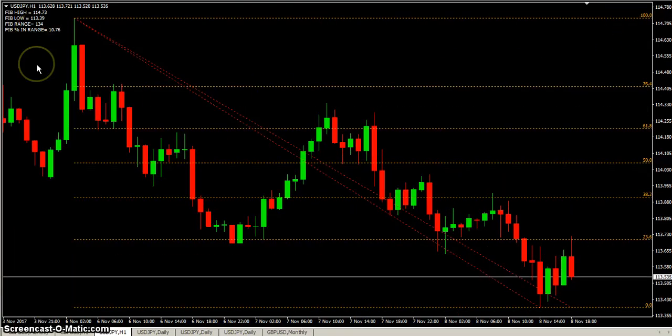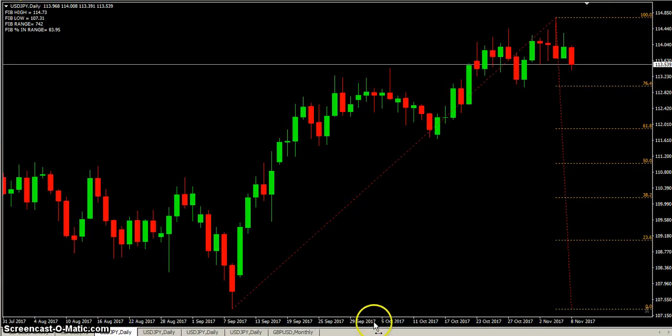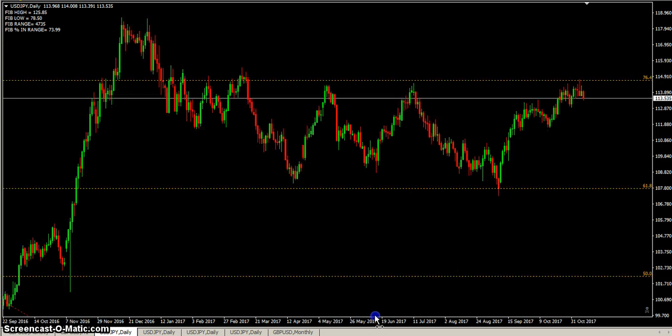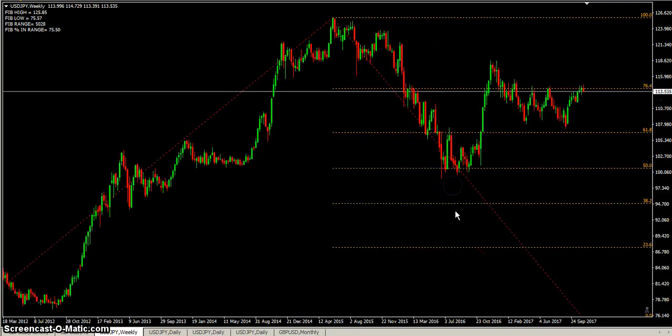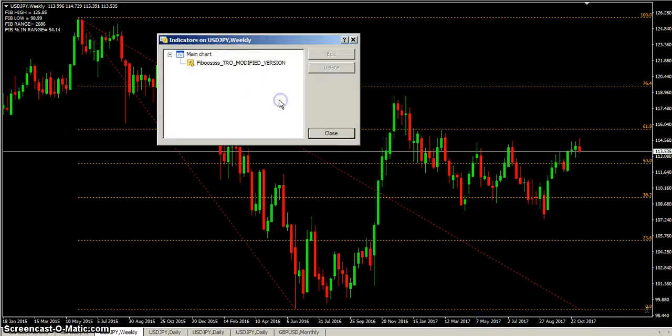And I think one of my modifications was to put in these comments, give you the percent in range so you know exactly where price is in the range here. And I'm pretty sure it works just fine on the different time frames. But this isn't the one they were asking about.